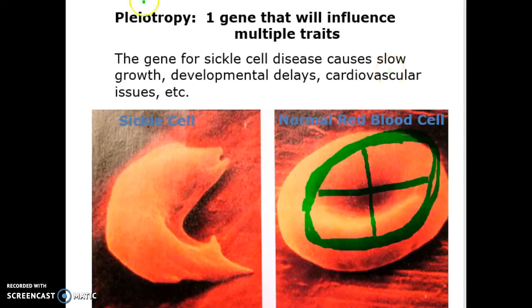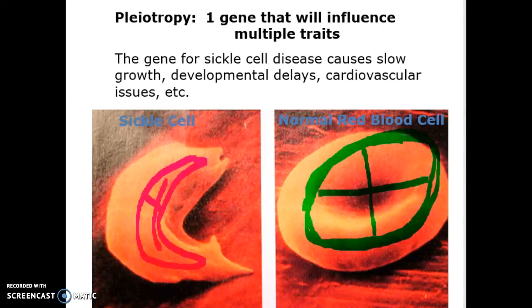Well, if you inherit sickle cell, now you get a problem. Now we get into a scenario in which your blood cell is this kind of curved, or what we call the sickle shape. And the reason? Your protein is not shaped correctly. So change the shape of the protein, change the shape of the red blood cell, you change the function of everything. So now you have problems transporting oxygen.